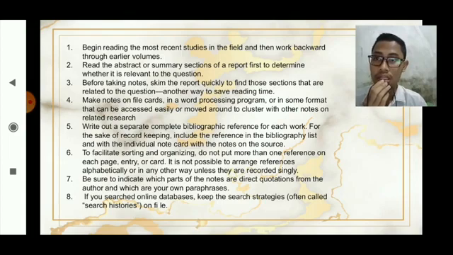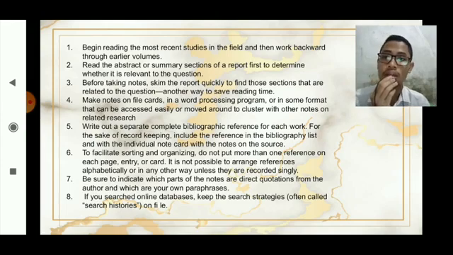Number 6 is to facilitate sorting and organizing. Do not put more than one reference on each page, entry, or card. It is not possible to arrange references alphabetically or in any other way unless they are recorded singly.